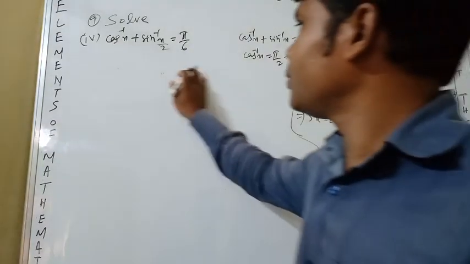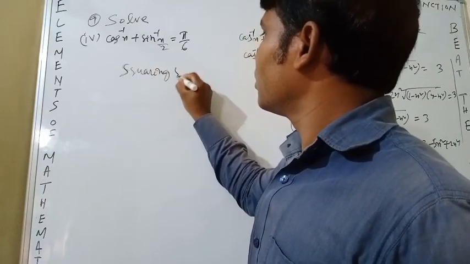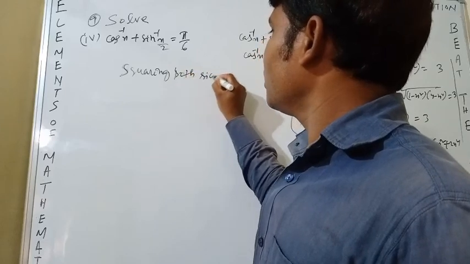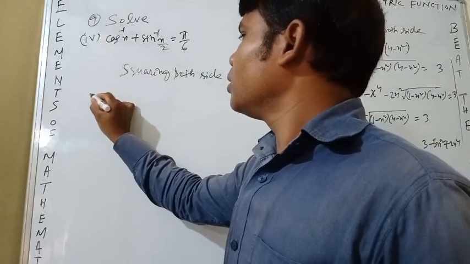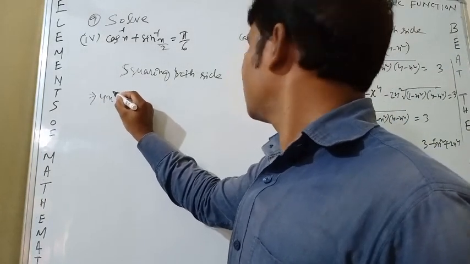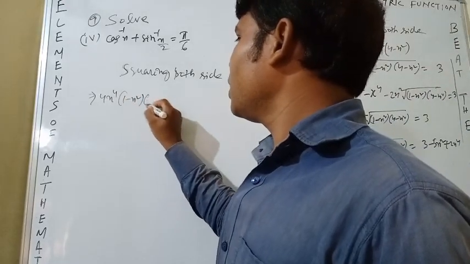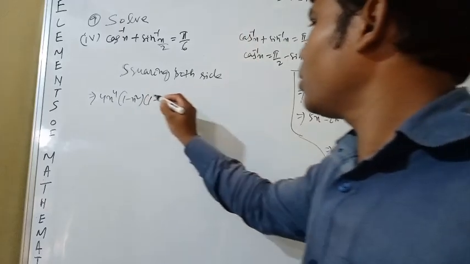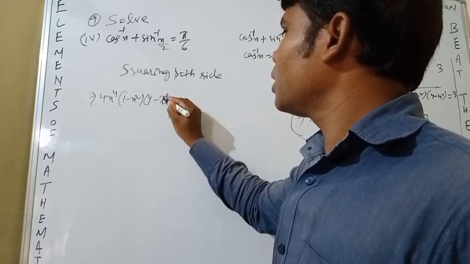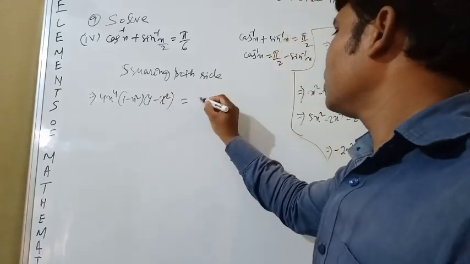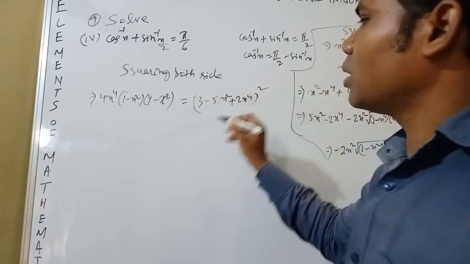Squaring both sides, this is equal to minus 2x square, so this is equal to 4x^4 into 1 minus x square, 4 minus x square is equal to 3 minus 5x square plus 2x^4 whole square, okay.